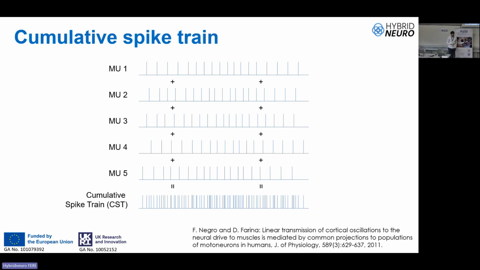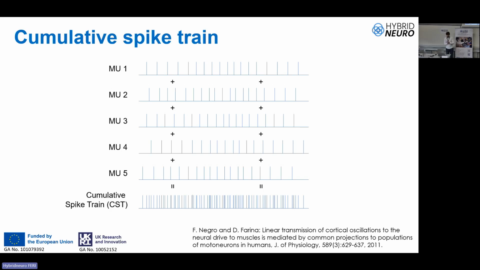The first one is coherence. What coherence means is how two time series match at specific frequency content. And the cumulative spike train is nothing else but summing together the pulse trains of individual motor units to a common or cumulative spike train.